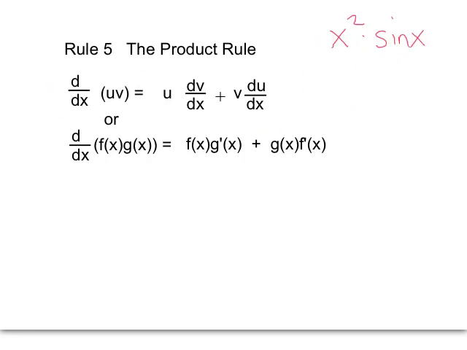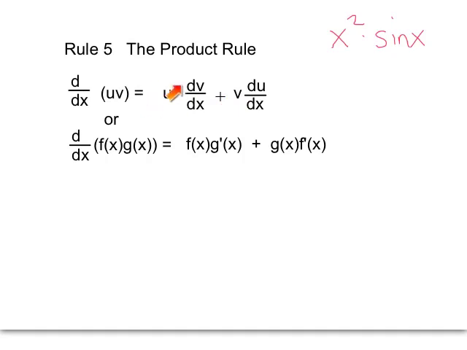So this says the product rule: the derivative of uv is u times the derivative of v plus the original v times the derivative of u. Now that doesn't exactly roll off the tongue, so it's more fun to put on your Swedish accent and say u dv plus v du, u dv plus v du. So the derivative of uv is u dv plus v du, and you always start with u, right?